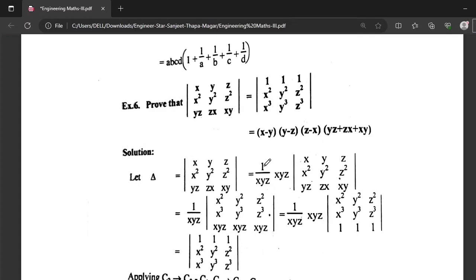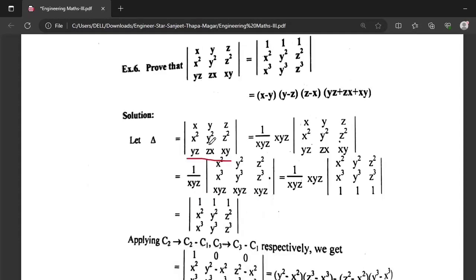Now the left hand side of the given question is this. Now multiplying by x, y, z on denominator and numerator, so that we can multiply column 1 by x, column 2 by y, column 3 by z, because here x is missing, so multiplying by x.